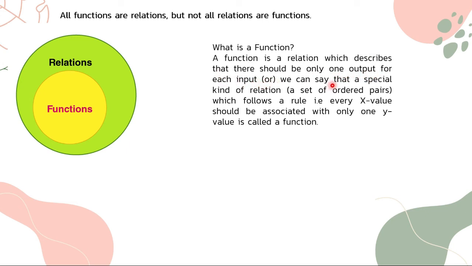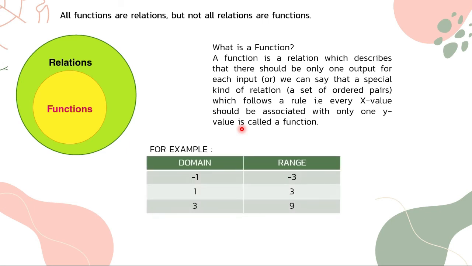Or we can say it is a special kind of relation, a set of ordered pairs, which follows a rule, i.e., every x value should be associated with only one y value, is called a function. For example, if f(x) equals 3 times x, then the domain is minus 1, 1 and 3, and the range is minus 3, 3 and 9.